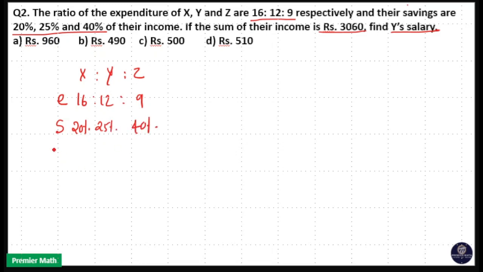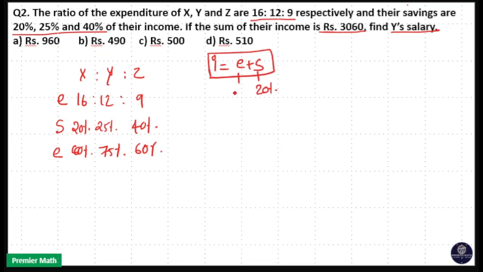That means their expenditure are 80%, 75% and 60%, because you know income is equal to expenditure plus savings. Income is equal to expenditure plus savings. If savings is equal to 20%, expenditure will be 80%. That is, income is equal to 100%.